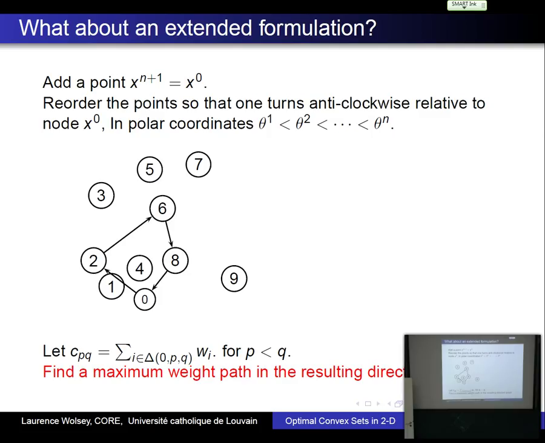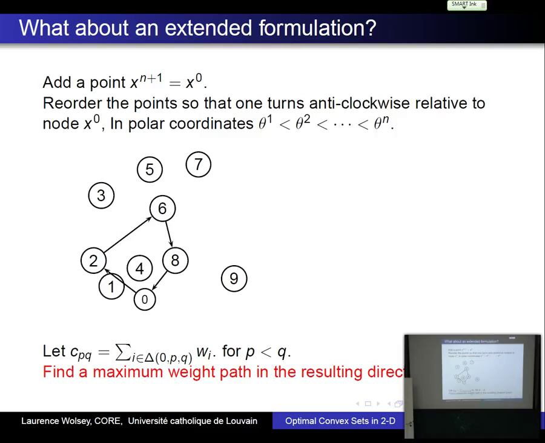So what we're going to do, instead of working in the space of the points, a natural thing to do is to think about working in the space of the edges. So now we've got, again, a base point. We're looking for an optimal convex set containing this point 0.